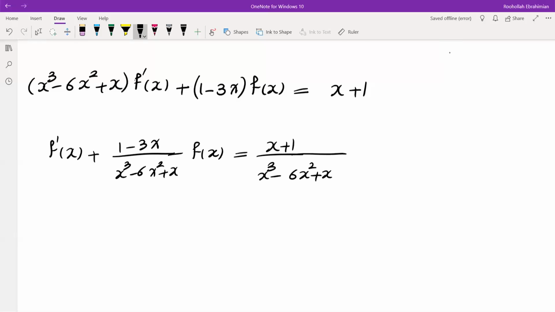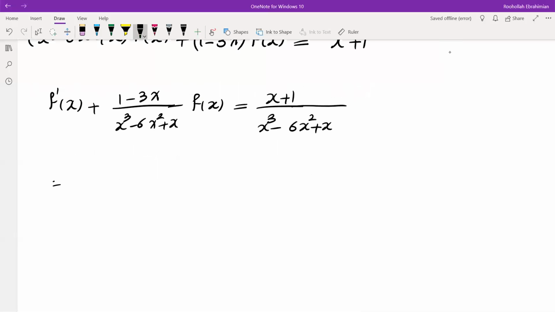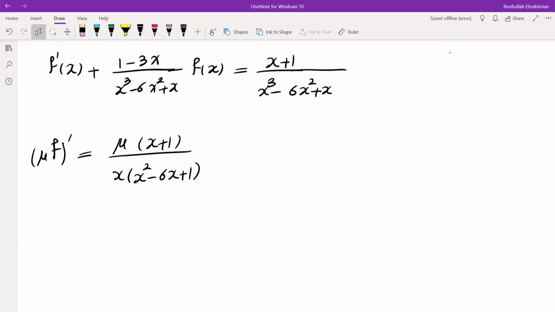So if you multiply by integrating factor of mu, you want the derivative of this to be equal to mu times x plus 1 over, if you factor the denominator, it might be a good idea. We'll see. You want to have that. But that means if you expand this one, you get mu times f prime, and then you get mu prime times f.